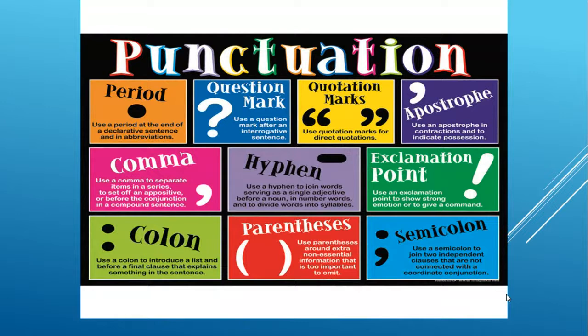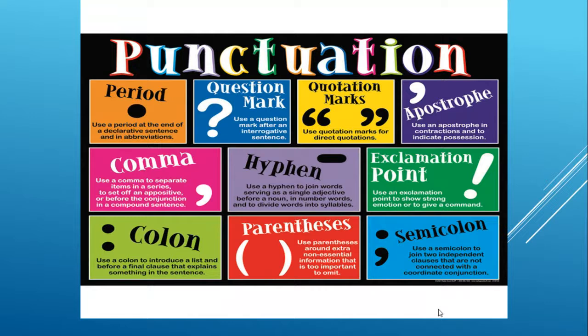Punctuation. It's very important. At this stage of the game, you're in college, you have to know that you have to capitalize each sentence and end with a period. Okay? Now, if you have a question, you put a question mark, but you don't put a question mark and a period, you put a question mark.